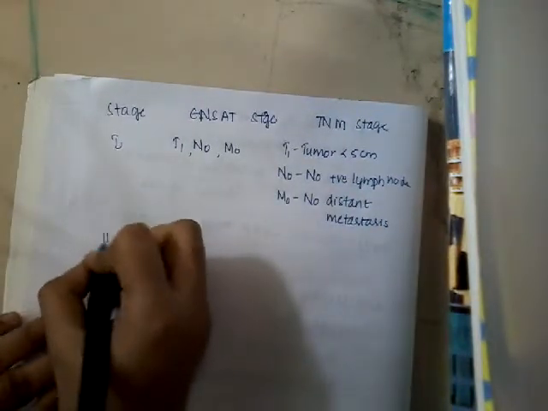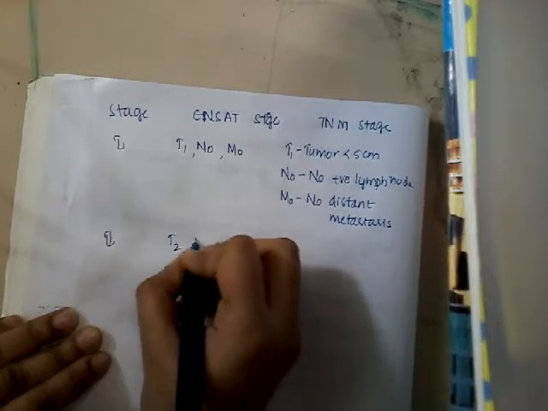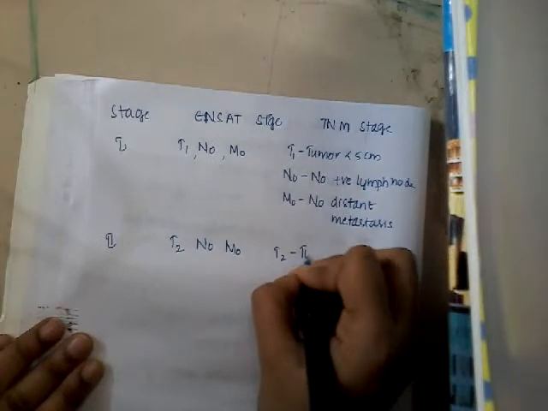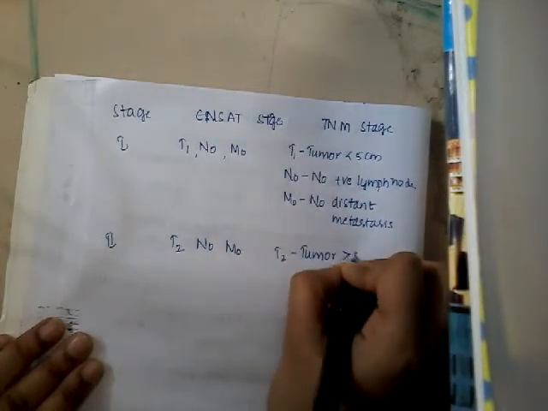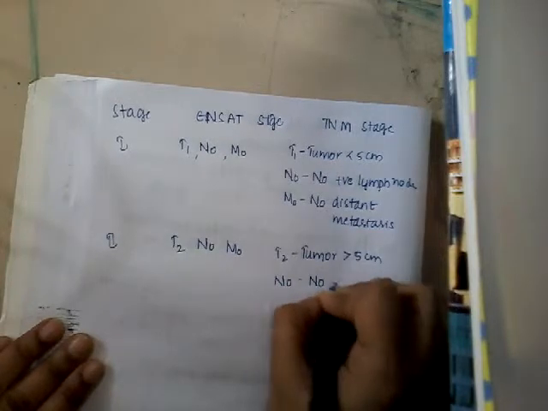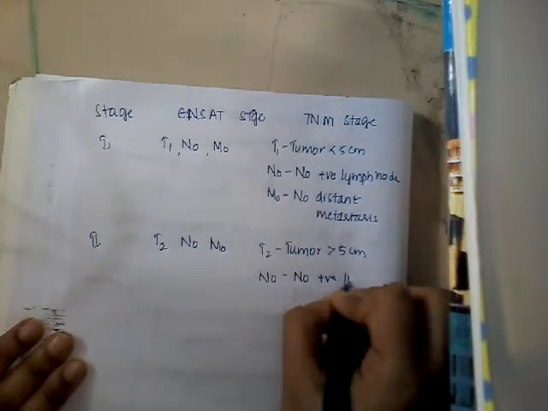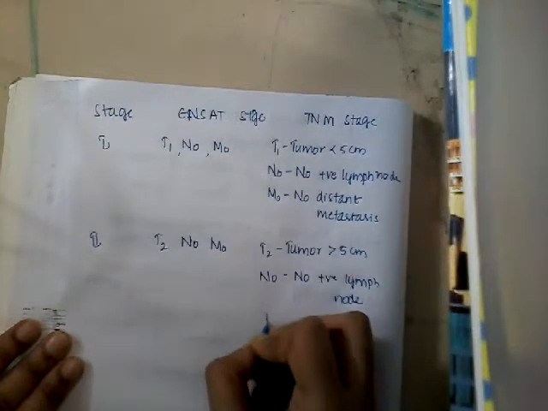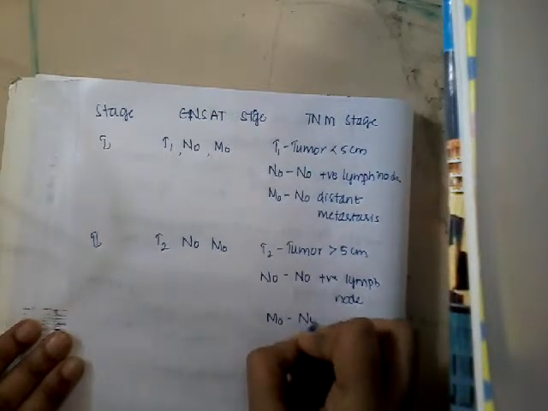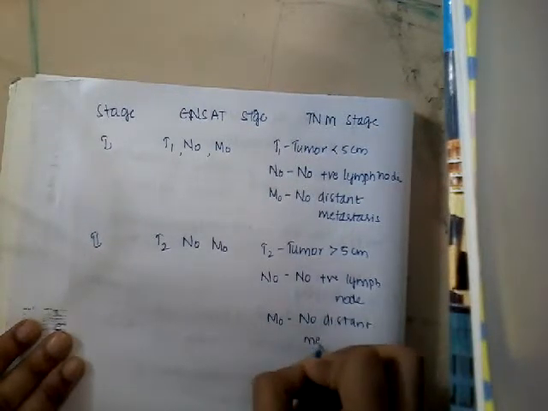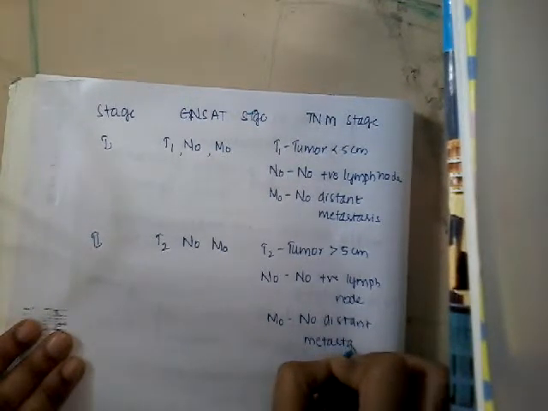Then stage 2 is T2, N0, M0. T2 is tumor more than 5 centimeters, N0 is no positive lymph node, M0 is no distant metastasis. That is stage 2.